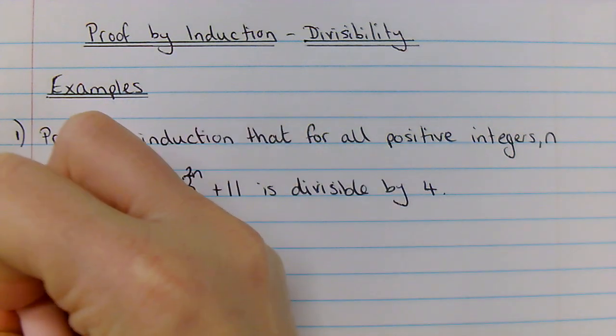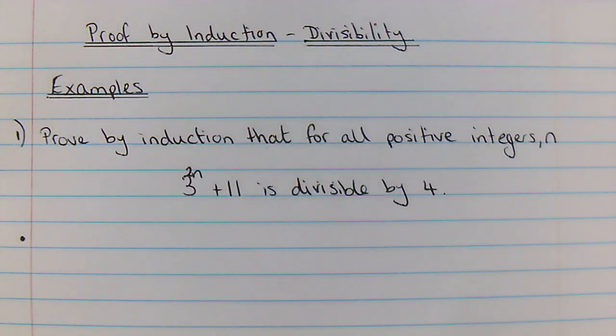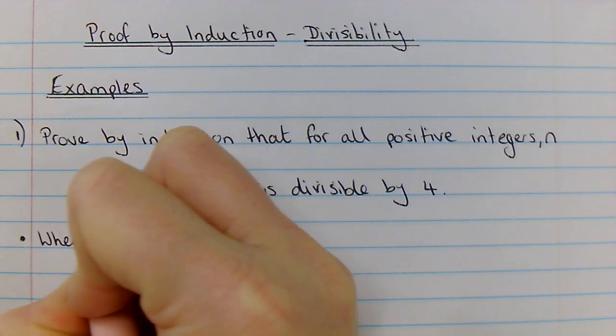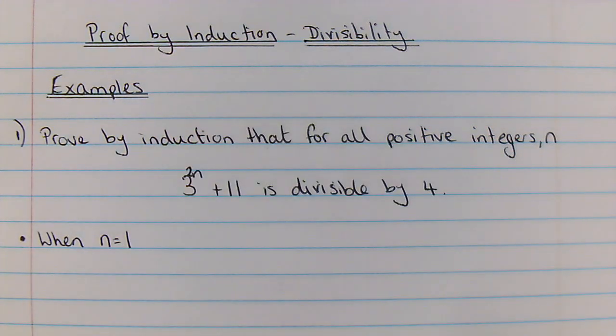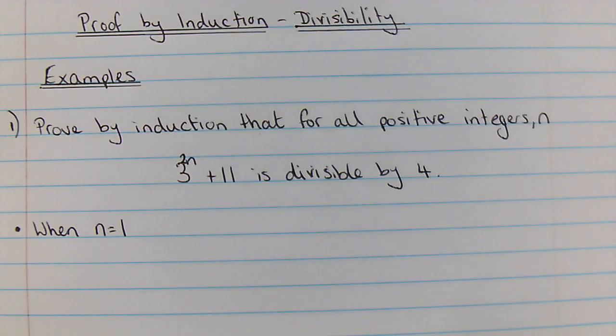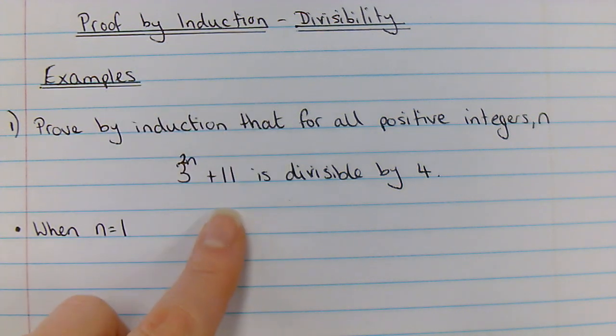So the first step, and I'll bullet point it like we did last week, is when n equals 1. So we literally substitute n equals 1 in. This time though, we don't need to show that the left hand side equals the right hand side. We need to show that when n is 1, this will be divisible by 4.